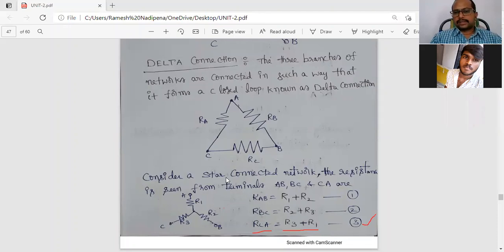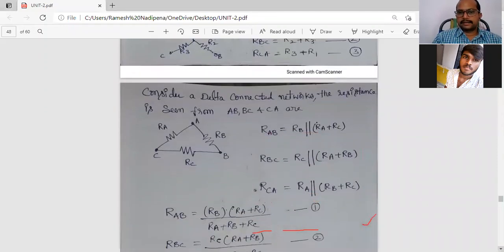So here the topic is delta to star transformation. That means now we consider the star connected network. After completing this, we need to consider the delta connected network. From the delta connected network also, we need to calculate RAB, RBC, and RCA.